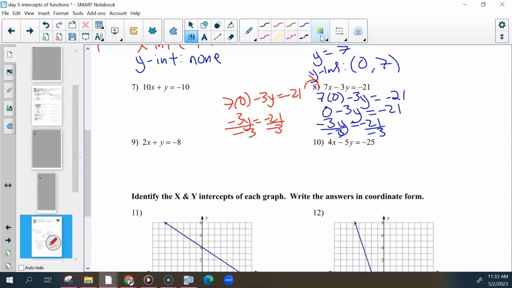Now, opposite for your x-intercept, put 0 in for y. This would become 0.